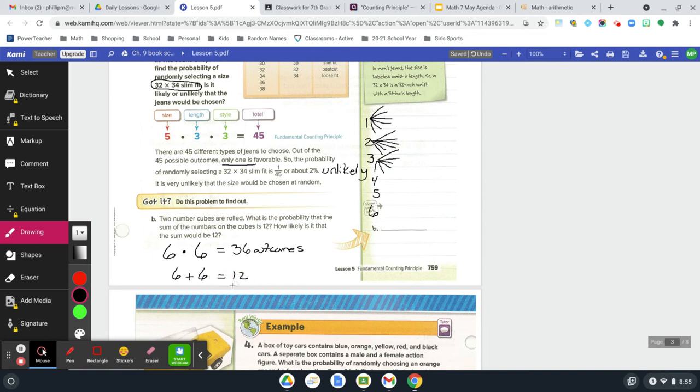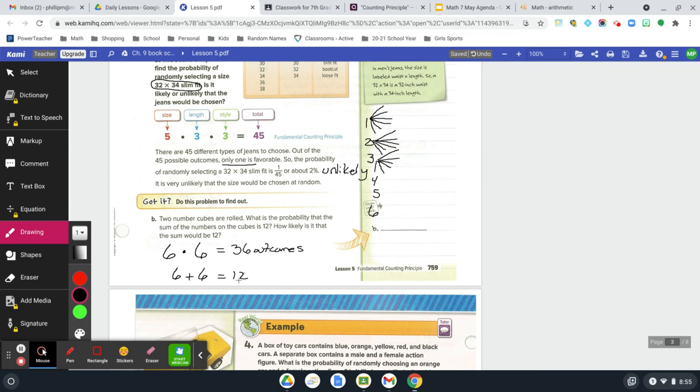That's the only possibility that you're going to get a sum of 12. There's no other possibilities. 4 plus 8 is 12, but 8's not on a number cube, right? 10 plus 2 is 12, but 10's not on a number cube. This is it. This is the only probability you would have.